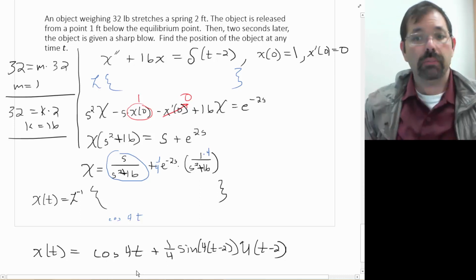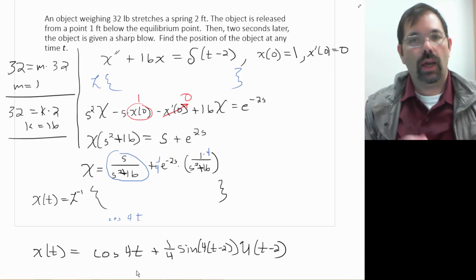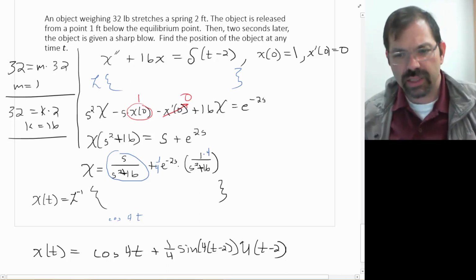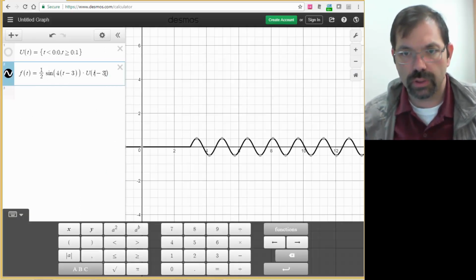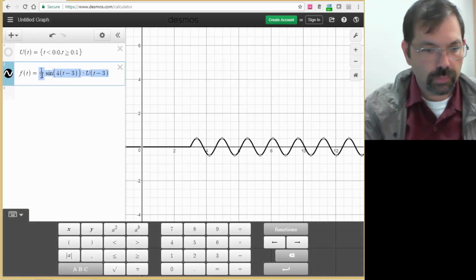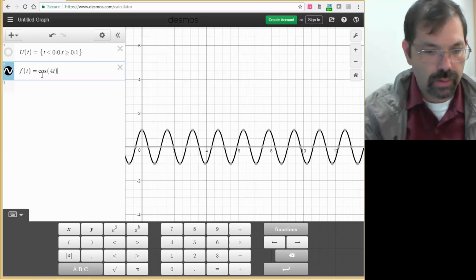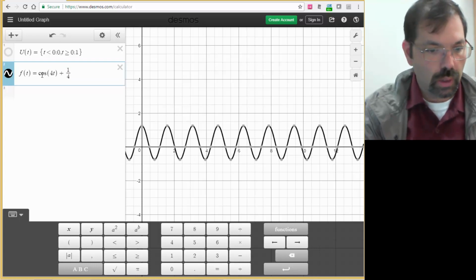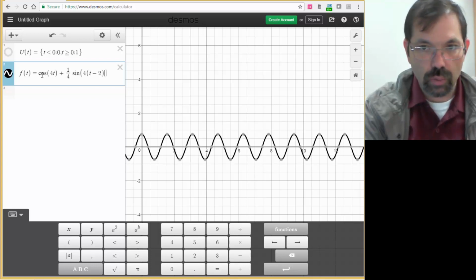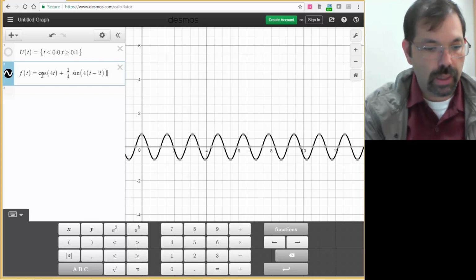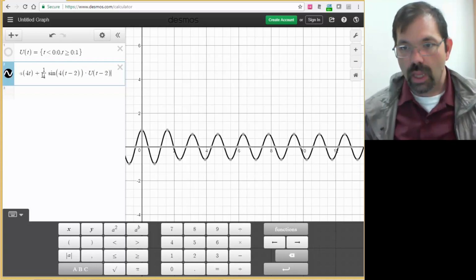All right, and so we see we had some motion to begin with, the cosine 4t motion, and then after 2 seconds, the motion changes. Let's see what the graph looks like. I've already got Desmos up, so let's take a look at this function. Cosine of 4t, plus 1/4 sine of 4 times (t minus 2), times the unit step function of t minus 2.